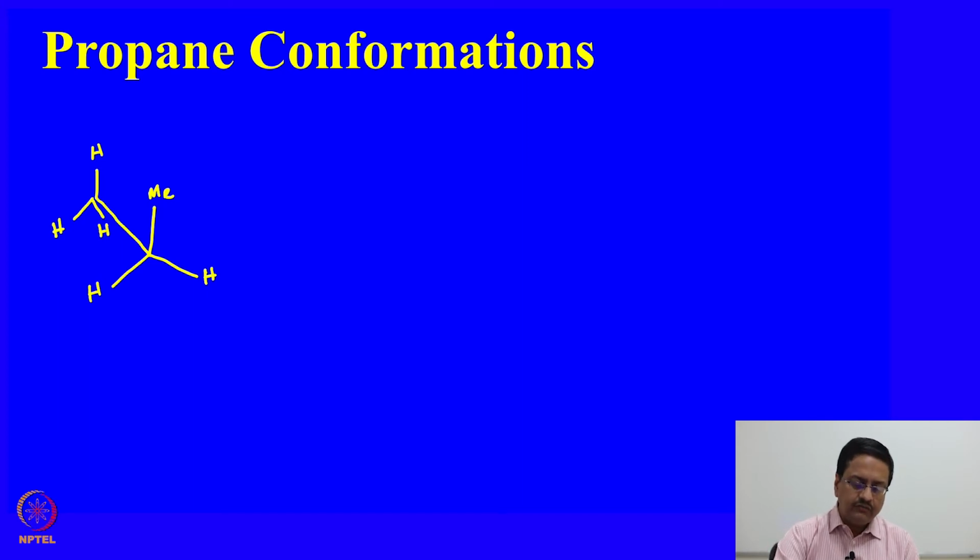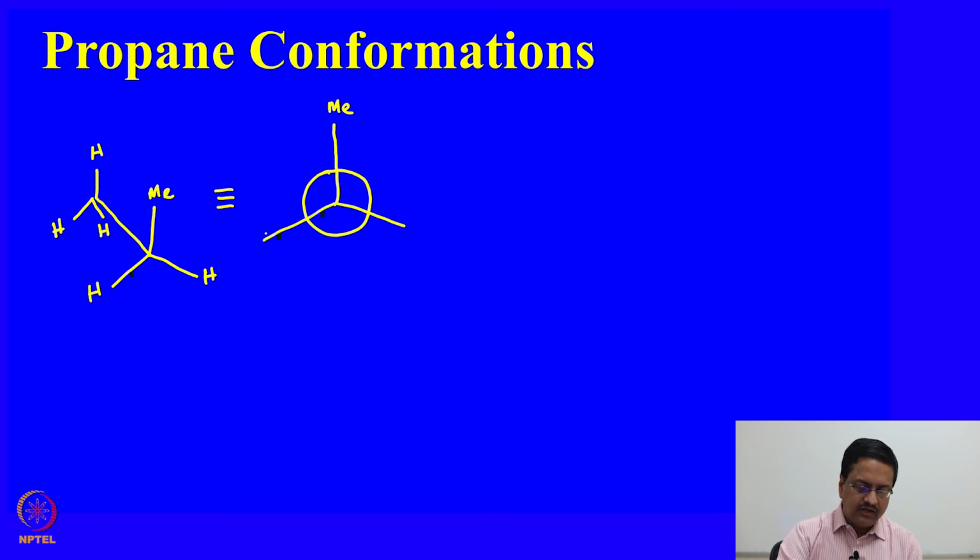The corresponding Newman projection that one should draw is the following. The front carbon contains the methyl group, and there are 2 hydrogen atoms. The back carbon has 3 hydrogen atoms, which makes it propane.